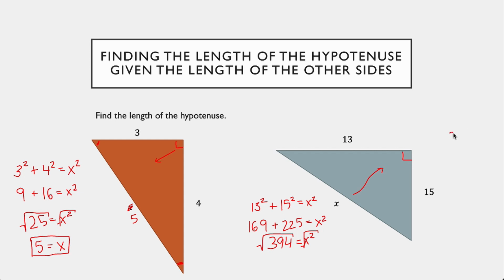I put 394 here on this side, divided by the line. And it works just like the factor tree, except it takes up less space. So, what prime factors can we divide this by? Well, we can divide this by 2. That's an easy one. So, 394 divided by 2 is equal to 197.